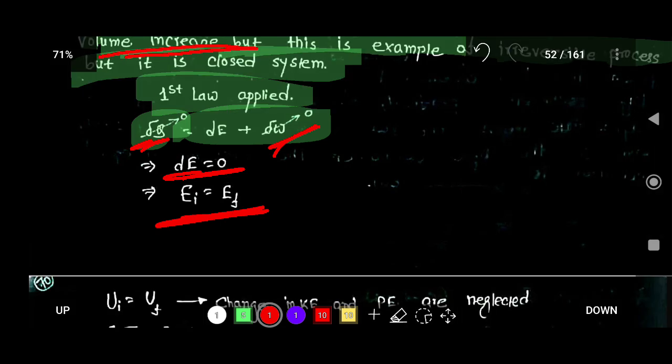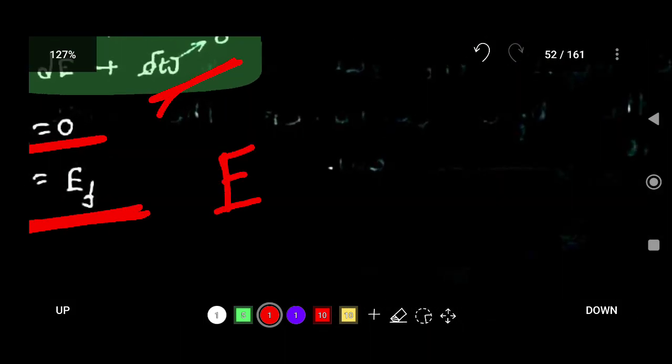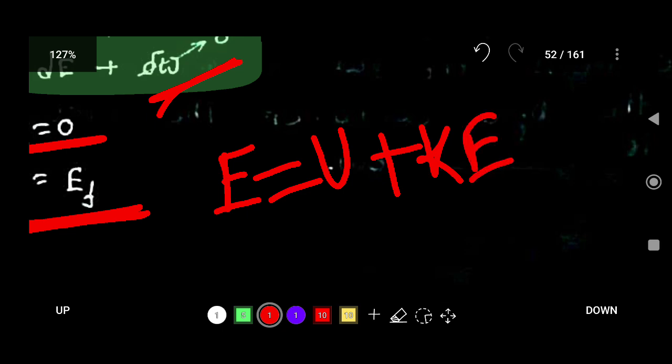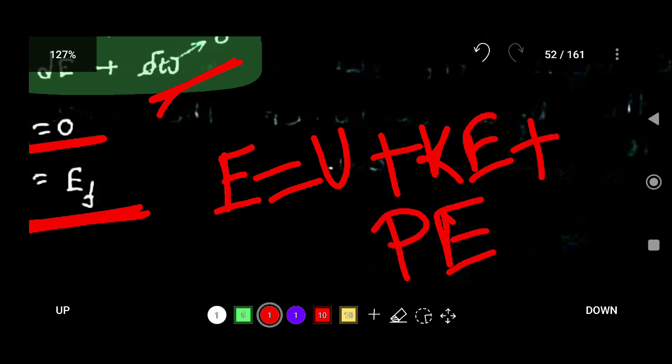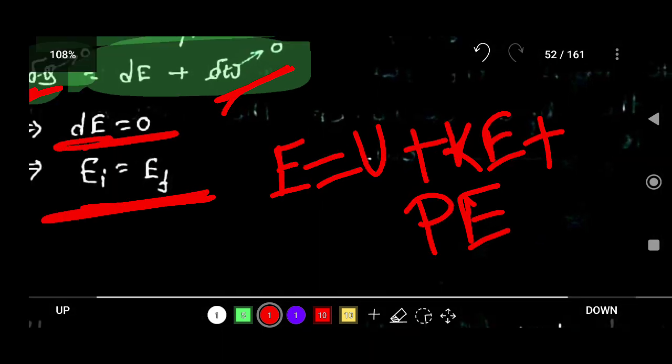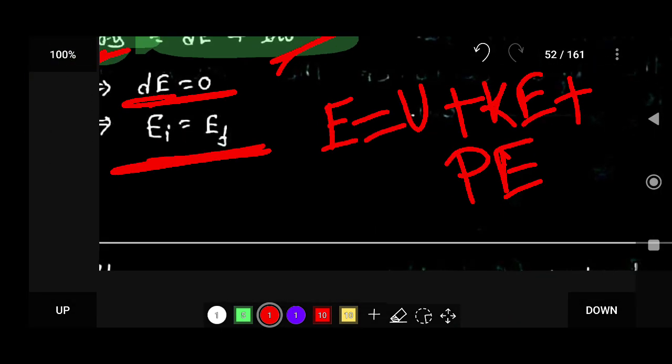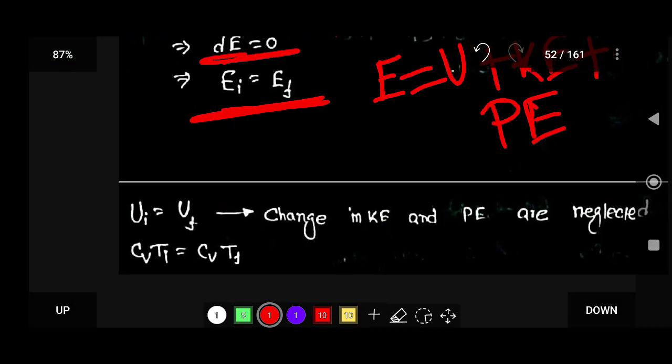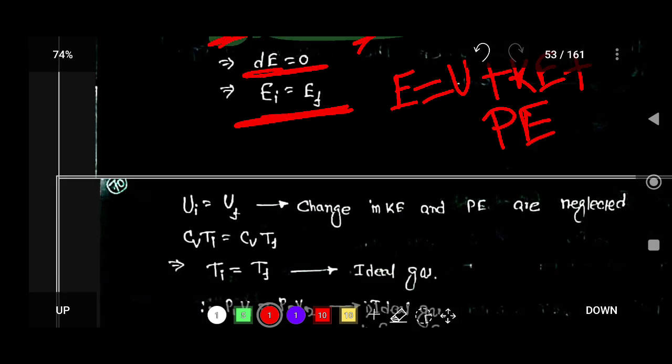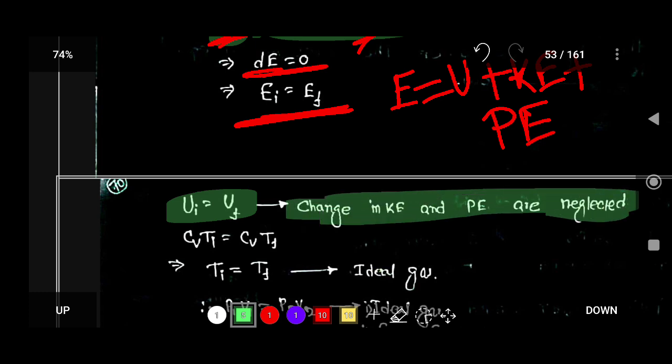Energy is internal energy plus kinetic energy plus potential energy. If the kinetic energy and potential energy are neglected, then initial internal energy is equal to final internal energy.